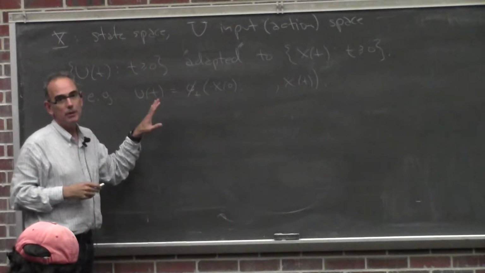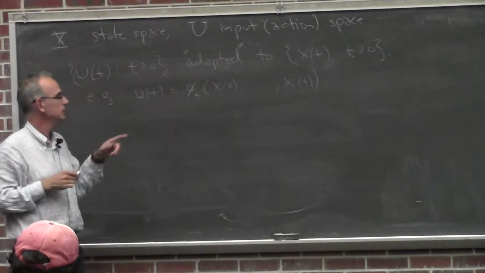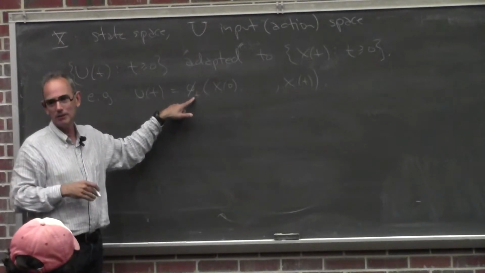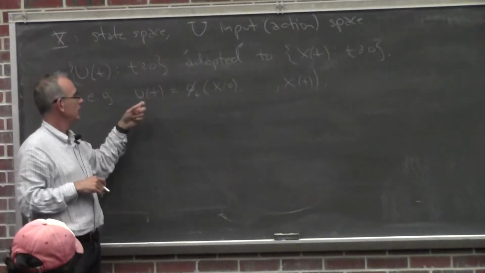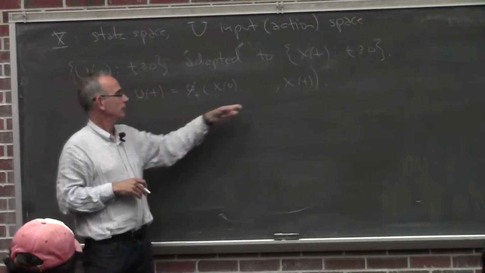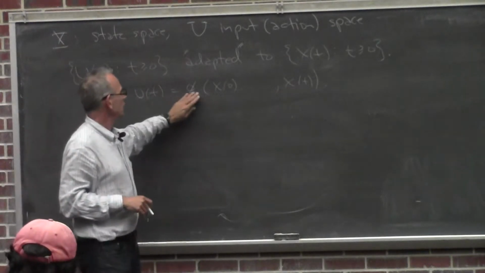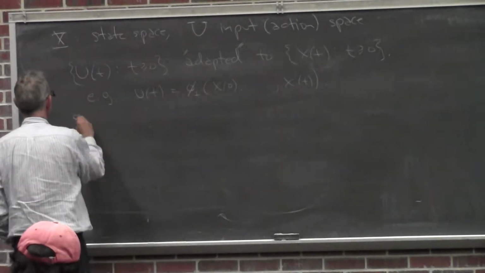I already said that, but when we get into the learning part of the course, we have to make phi also a function of some randomness outside. But we'll wait on that. For now, we'll just assume that U of t is some deterministic function of present and past state values. In the end, we'll get rid of the t. It'll be a stationary policy.